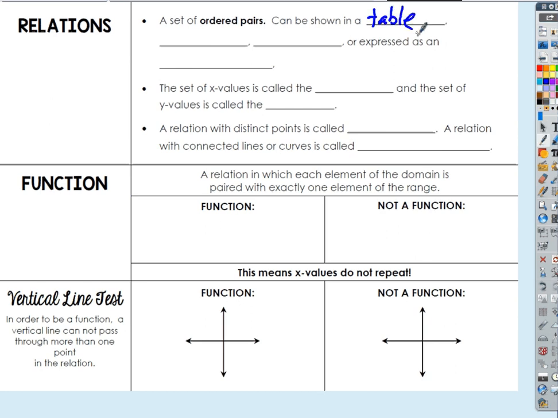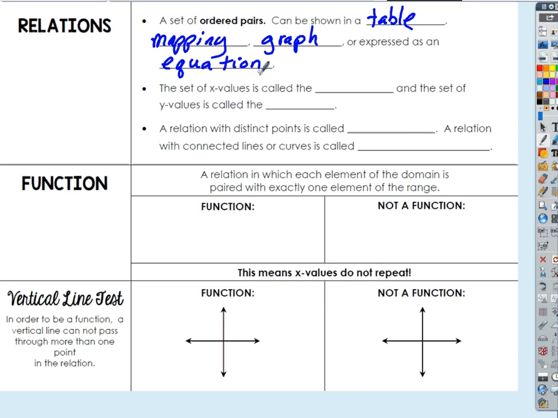And we'll look at examples of all of these. It could be a mapping, or in here we call it a mapping. It could be a graph, or it could even just be a simple equation.